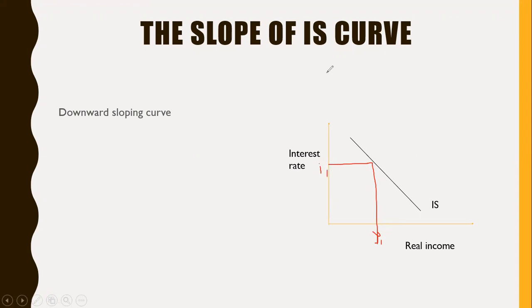Okay, now what happens? Here we are showing that if the interest rate falls, income will rise. We show E1 and E2. Originally we were at E1 with I1 interest and Y1 income. Next, we have assumed that there is a fall in the interest rate.